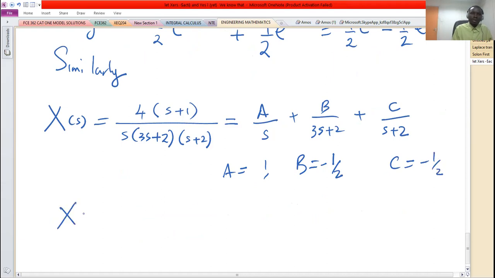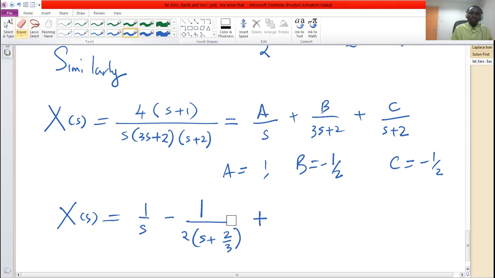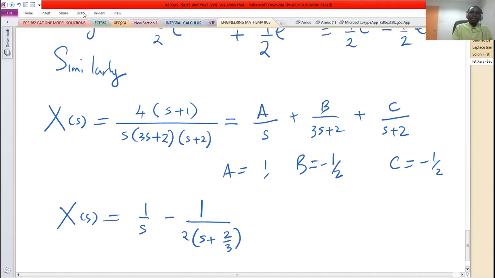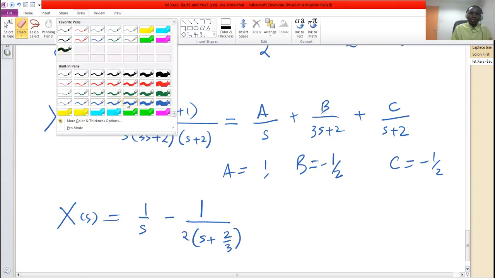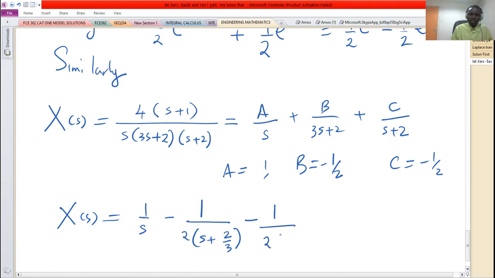So that you have x of s will give you 1 over s minus 1 over 2 into s plus 2 over 3, and then minus 1 over 2 into s plus 2.